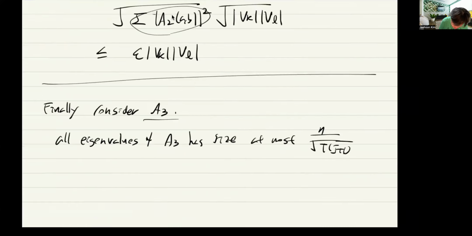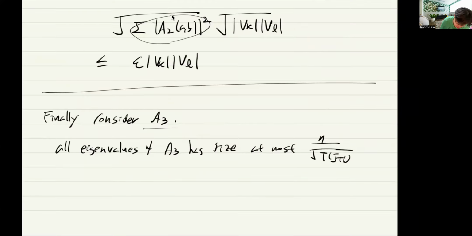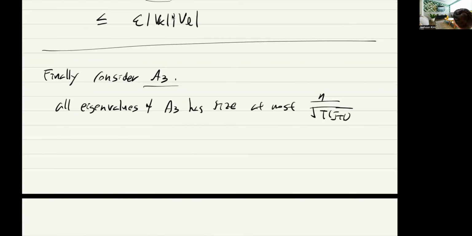Then what do you know? We know that this eigenvalue gives us the information about the operator norm of this matrix, that its operator norm is at most this.